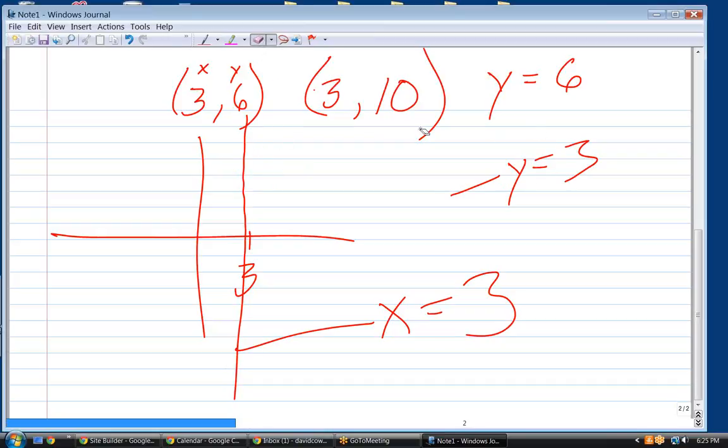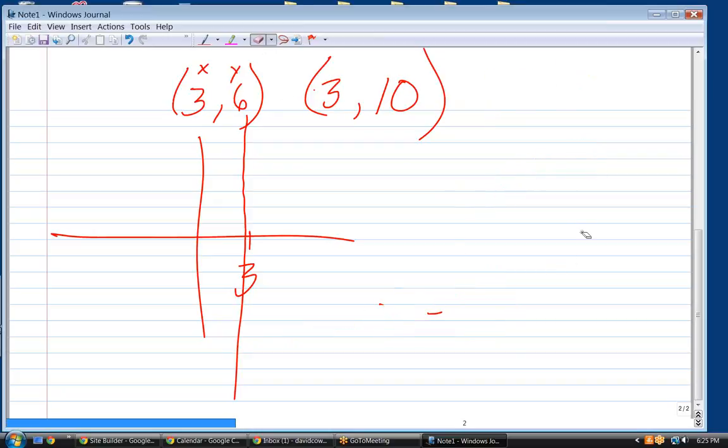Okay, but assuming that these were the 2 points that they gave us on the test, how would we proceed to figure out that the answer was x equals 3? What's the slope? The slope is y equals mx plus b. No, the slope is the rise over the run. It's just 3 over 0.